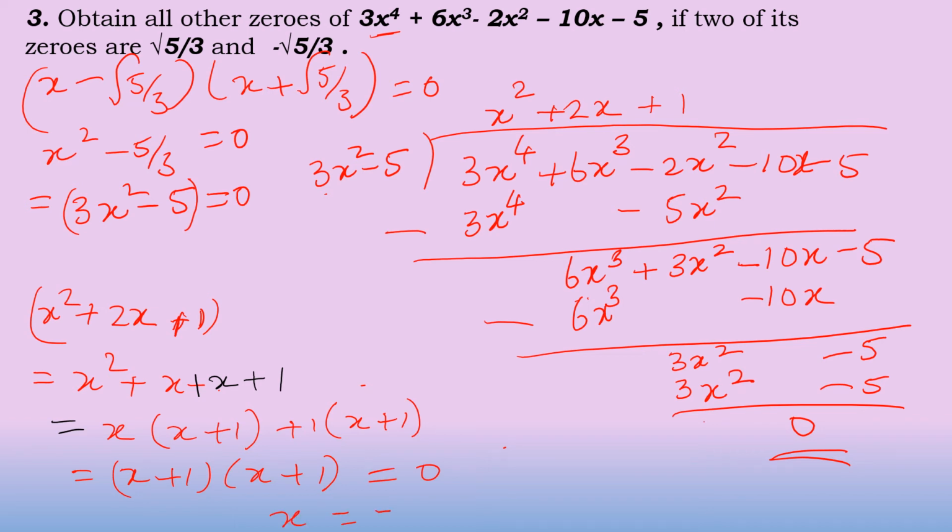Therefore, x is equal to minus 1 and x is equal to minus 1. So, all 4 zeros of the given polynomial are minus 1, root 5 by 3 and minus root 5 by 3.